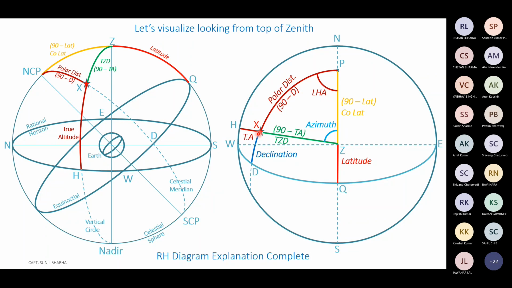Now, how do we use this triangle in celestial navigation questions? In any celestial navigation question where the PZX triangle is to be used, you will be provided with some information. So we draw the rational horizon diagram, and whatever information is provided to us is fed into the diagram. We note it down and label the diagram accordingly.